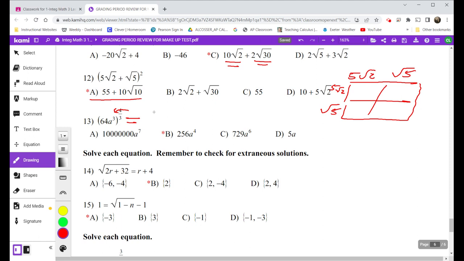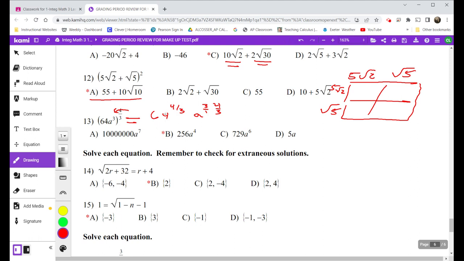You can do this in your calculator: 64 to the 4/3, and then this is going to be a over 3 to the 1 to the 4/3. This is the cube root of 64, which is to the 4th power.